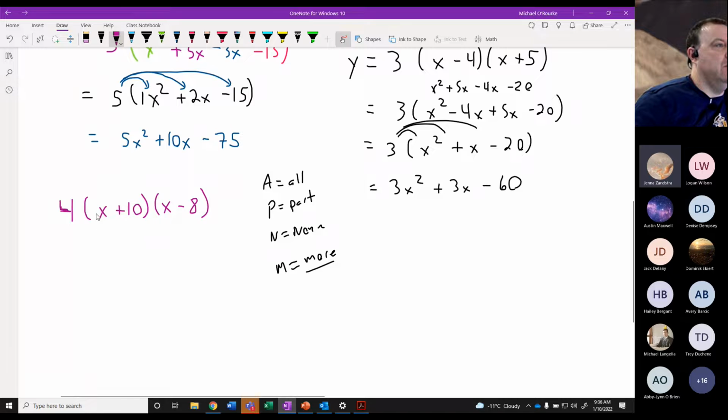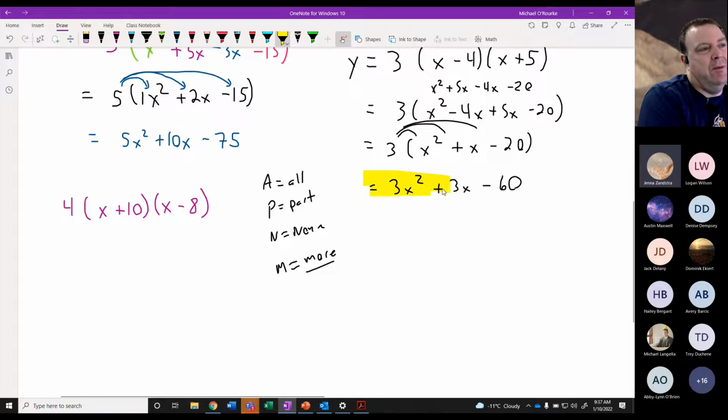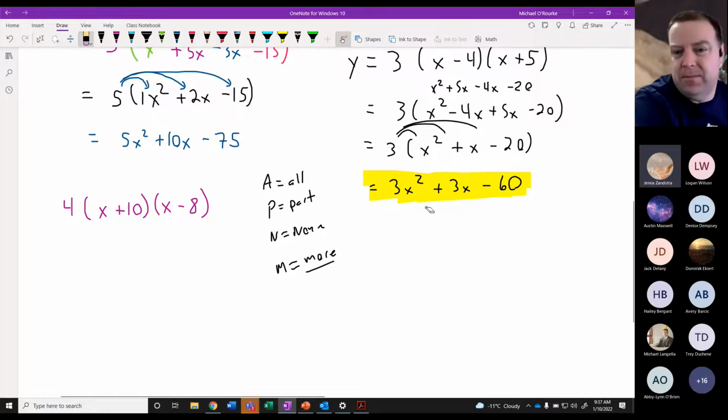Try this one out here. 4 bracket x plus 10, x minus 8. No, this is what you're looking at here. As long as you got to that part, you're 100% right. The order in which you put those, it doesn't matter. They both mean the same thing, right?